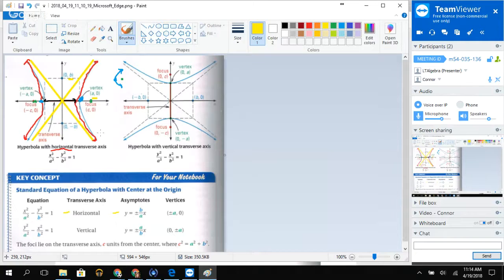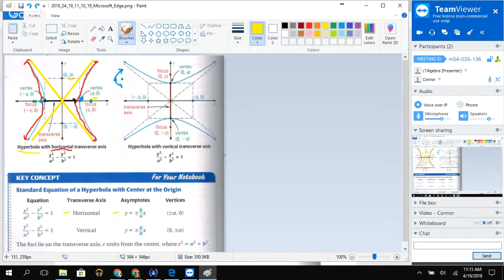You'll notice that this equation for a hyperbola looks really similar to the equation for an ellipse. Basically the difference between the equation for an ellipse and the equation for a hyperbola is that if this is plus, then it's an ellipse. And if you take that away, then it is a hyperbola. That's the only difference between the two.